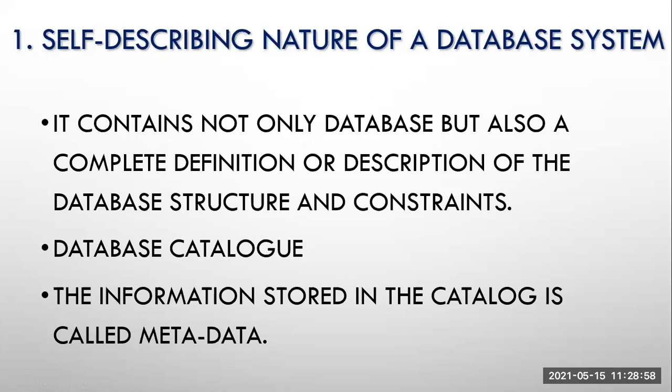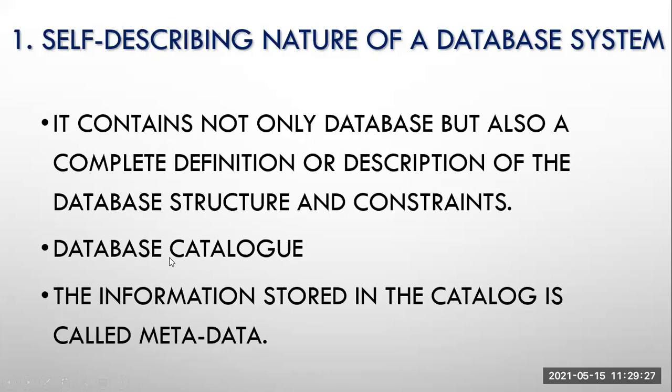when you first only define roll number, name, marks 1, marks 2, marks 3, marks 4, you only create and keep them. Until now there is nothing in the database catalog, only structure; information is yet to come. So once the information comes to you, that will get stored in the database catalog. The information stored in the catalog is called metadata.